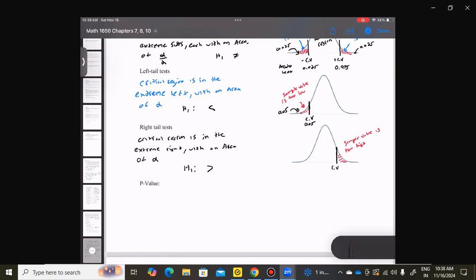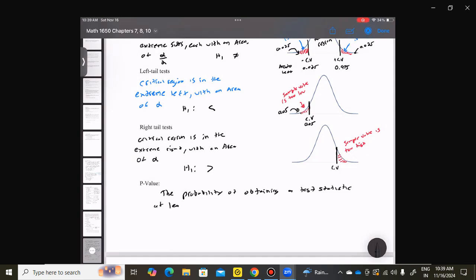Alright, so the last thing here is a definition, the p-value. The probability of obtaining a test statistic at least as extreme as the one observed, assuming the null is true.